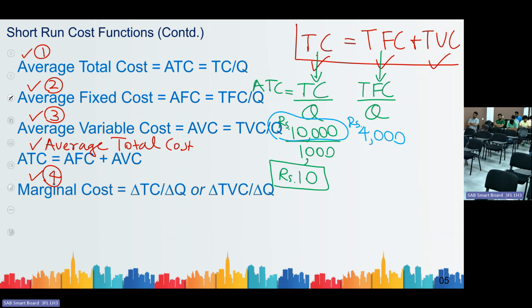Total fixed cost is 4,000 rupees, which is a part of the total cost. Then what is average fixed cost? 4,000 rupees divided by 1,000 units of output is 4 rupees per unit of output.